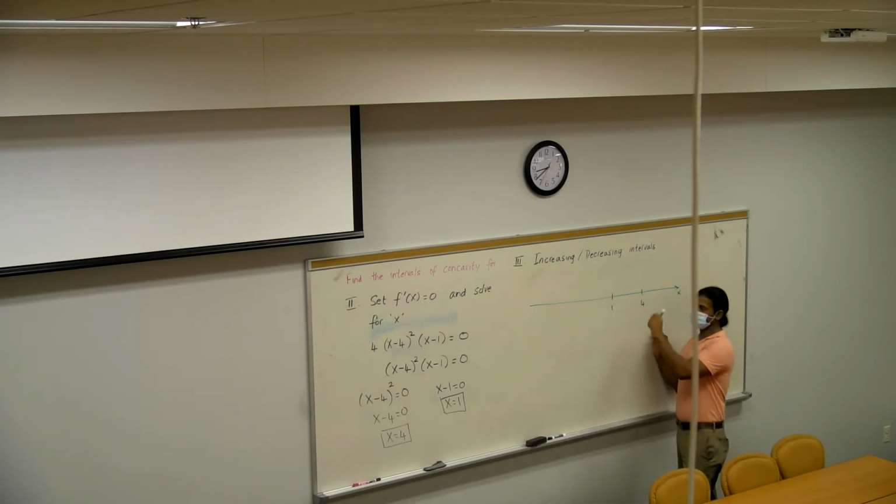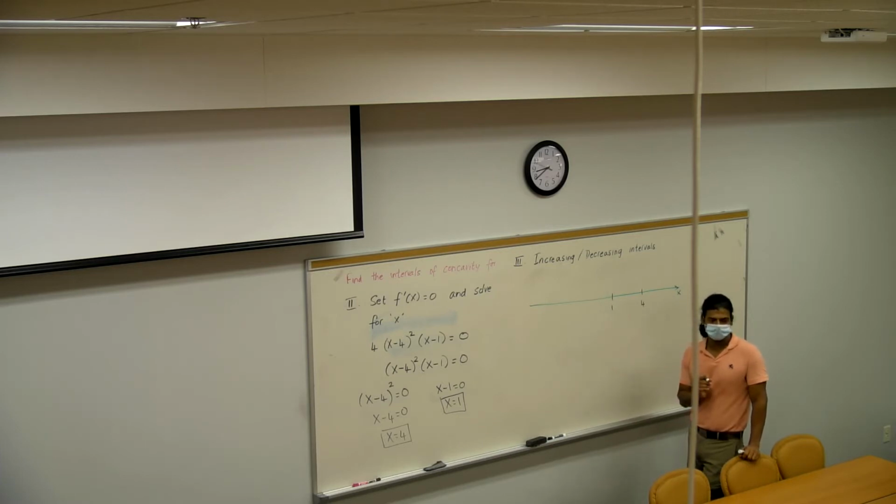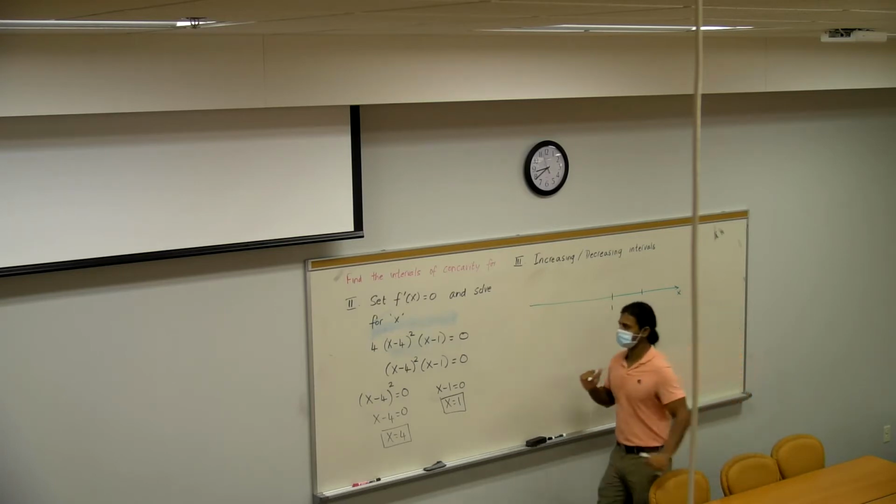First critical value, second critical value. What do we do next? Pick points on either side. Pick easy points on each side to see the behavior. So, what easy number can we pick less than 1? 0. Where should we plug that value? In the first derivative.